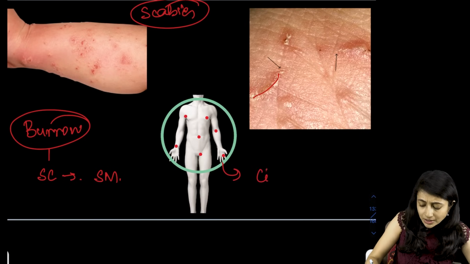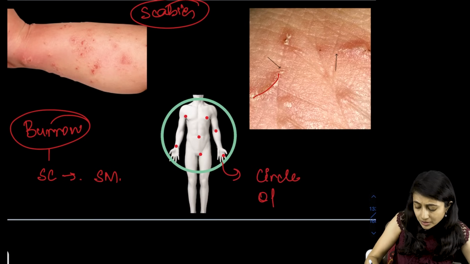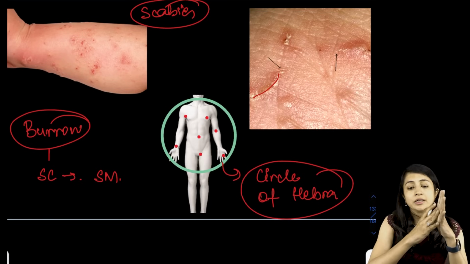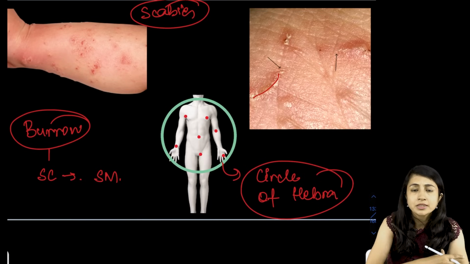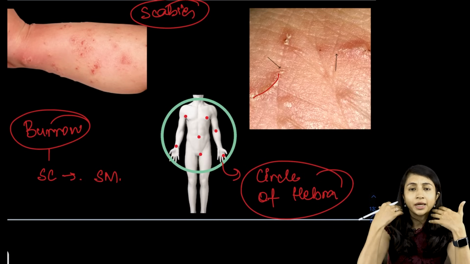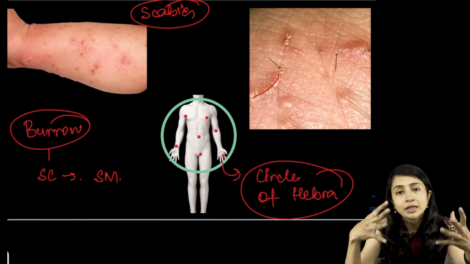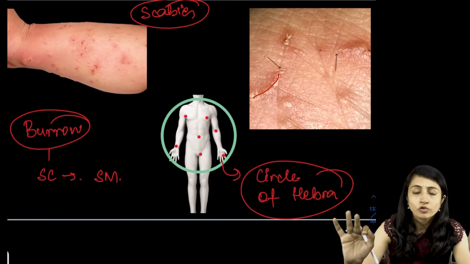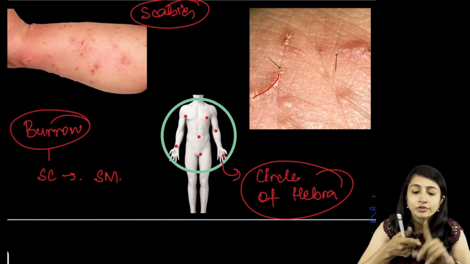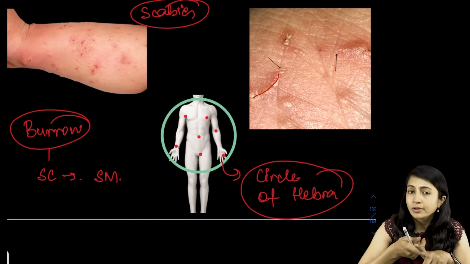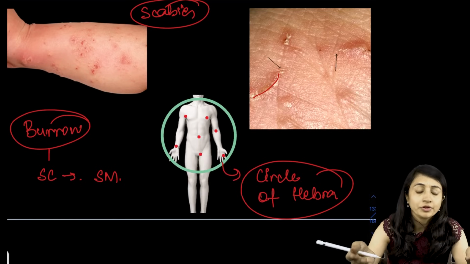The classical sites affected are depicted by a circle which is called the circle of Hebra, which involves the web spaces, then the elbows, the neck, typically below neck infestation in adults, and in infants you can also see involvement of face. So burrow, circle of Hebra, it is caused typically by the female mite.